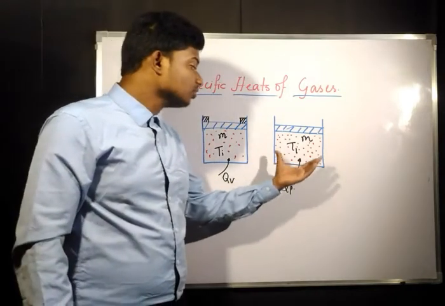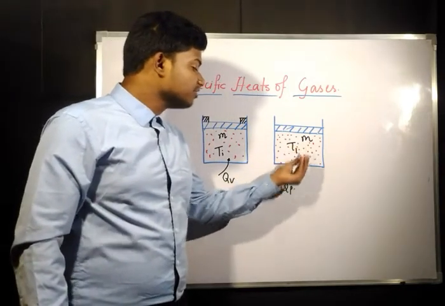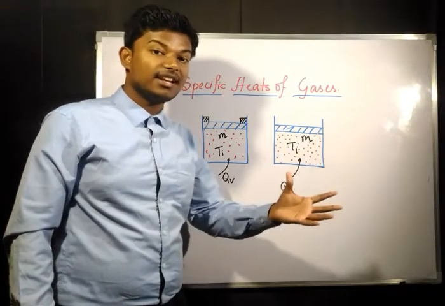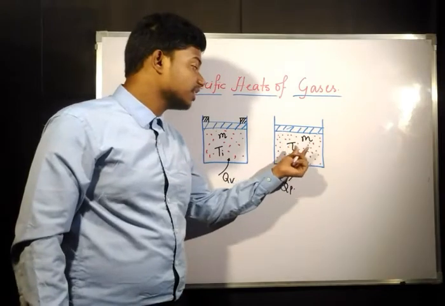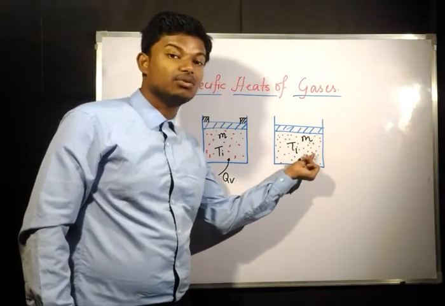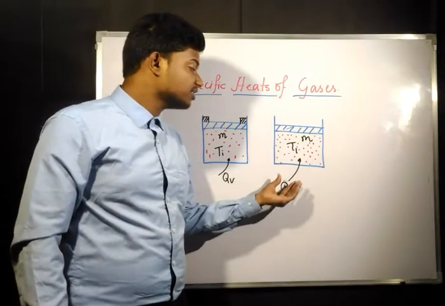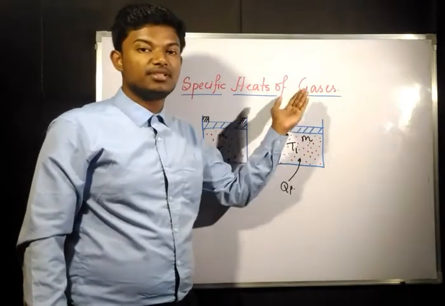Since only a little heat increases the internal energy, and internal energy is a function of temperature, the temperature rise in this case is going to be at a slower rate, because some of the energy is expended to raise the piston.